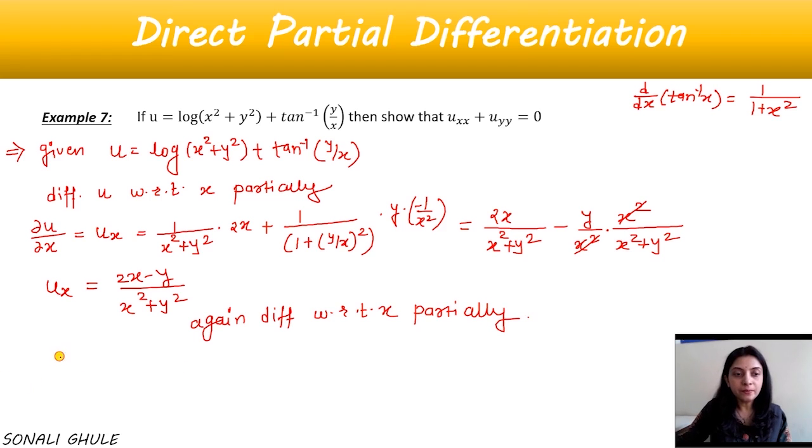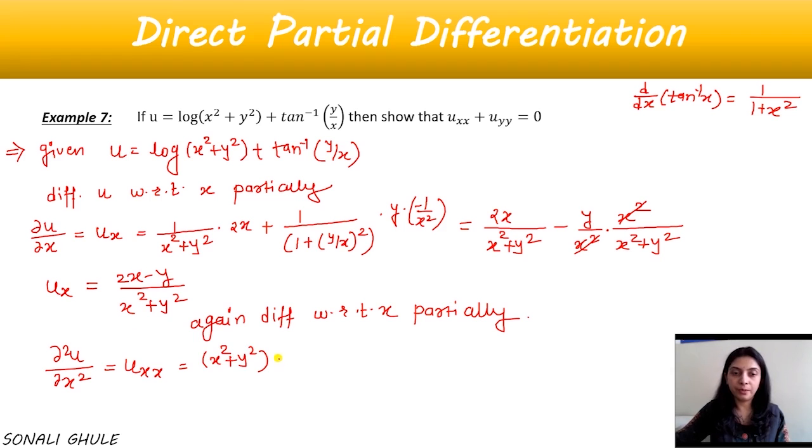So what will I get here? Yes, dou 2u upon dou x square, meaning the double derivative of a function, that I can write as uxx. But now here I have to use the u by v rule because x is present in the numerator and in the denominator also.